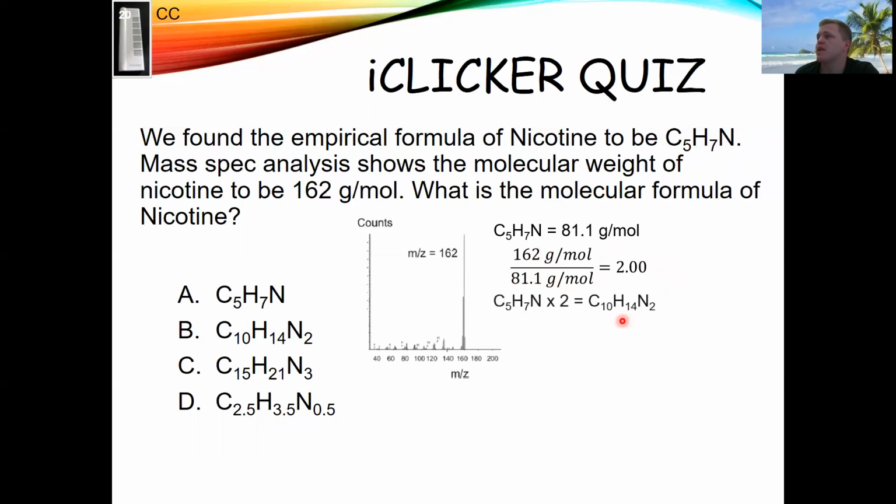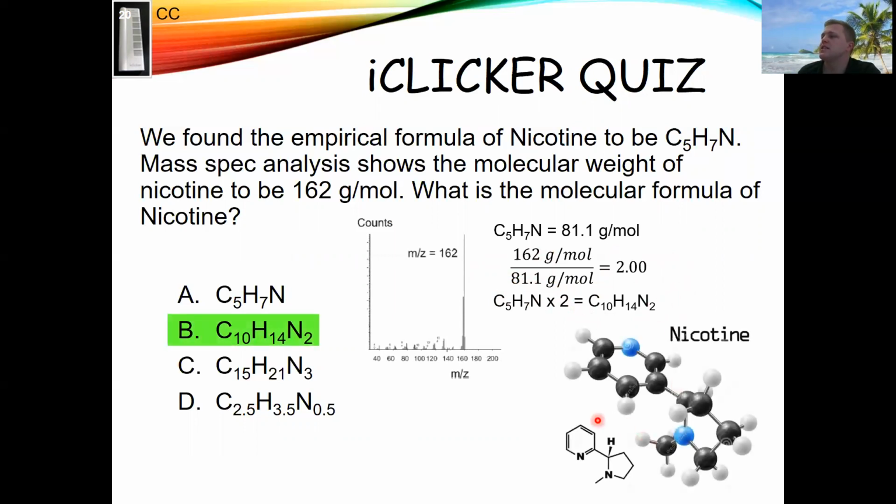So we're going to have to take our empirical formula, multiply it by 2, and get C10H14N2. That's right there. So this is the structure of nicotine, the highly addictive substance found in cigarettes. It's kind of a cool structure, though. I mean, it kills people, but it's a cool structure.